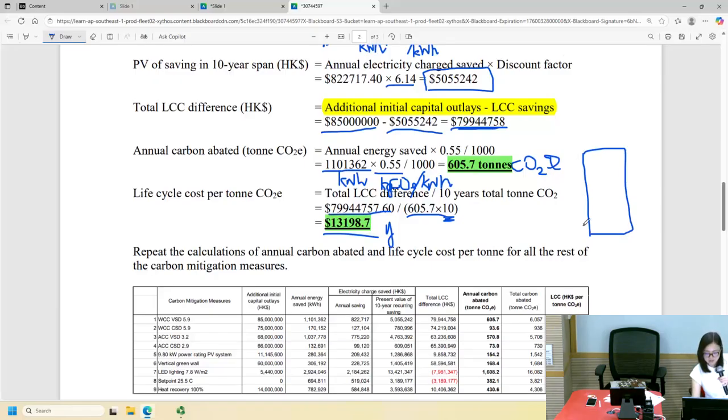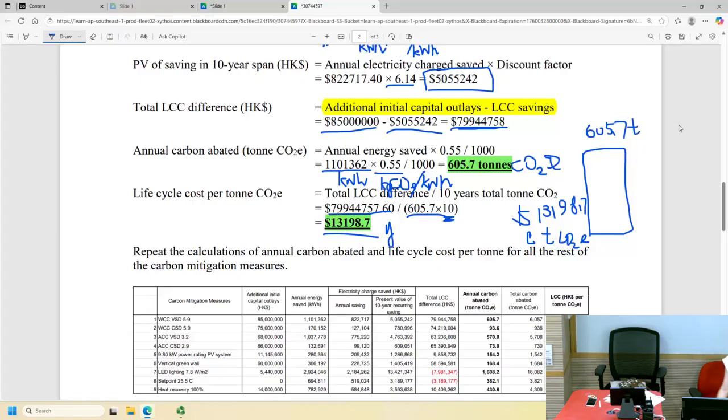The y-axis value will be 13198.7 $ for every ton of carbon dioxide equivalent reduction. This is the height of the rectangle, and then the width of the rectangle will be 605.9 tons of carbon dioxide equivalent reduction.